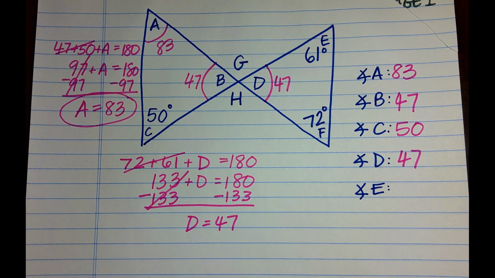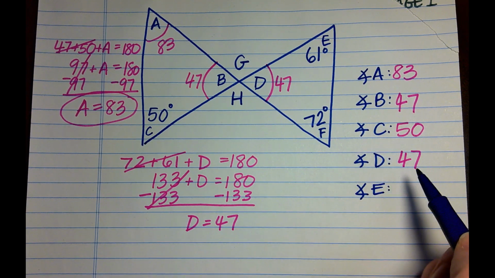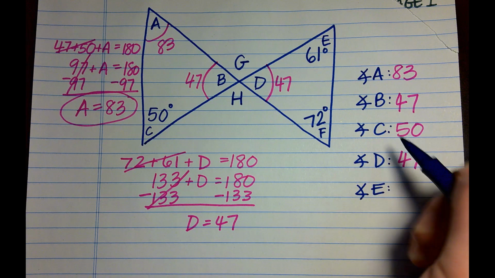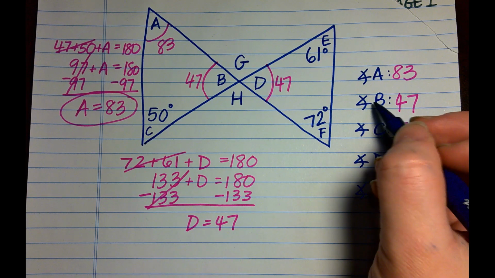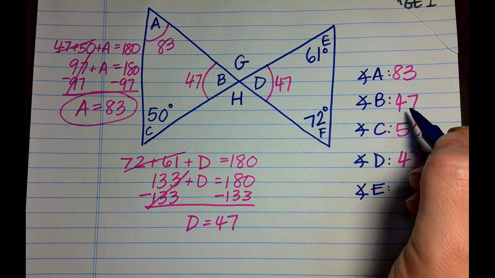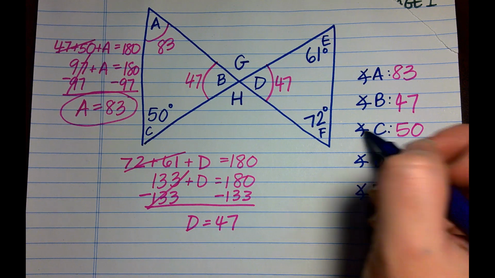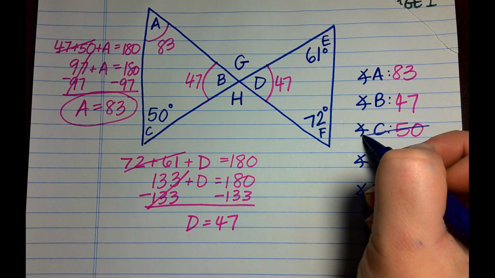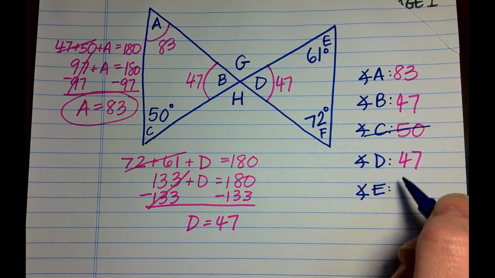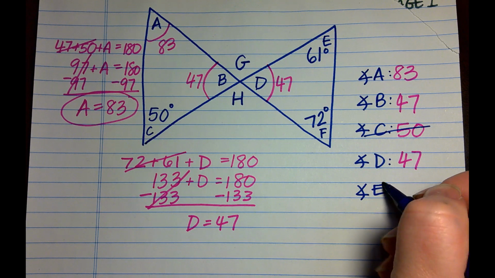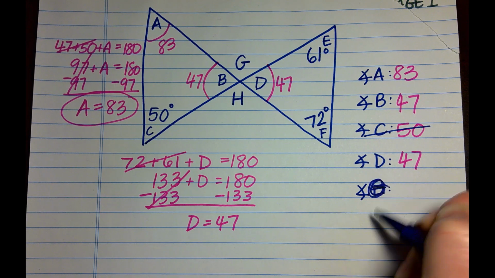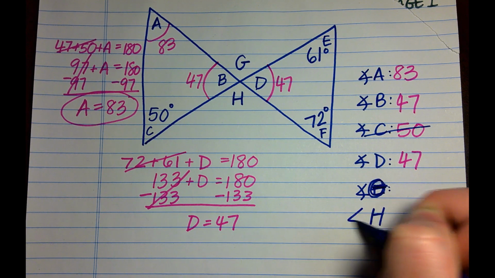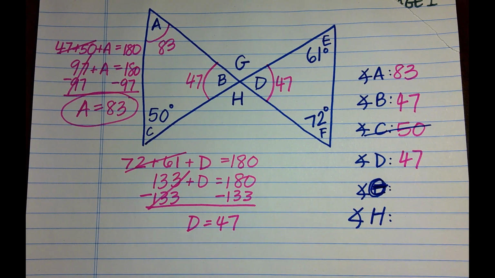A is 83, B is 47, C, D, need G, H. Okay. I just figured we were writing them all out. Well, I was apparently.